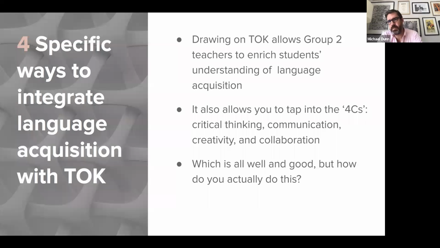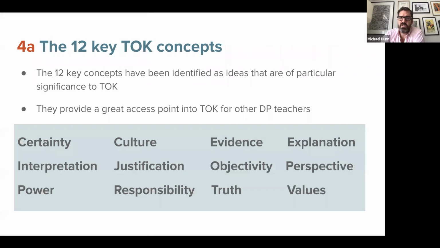But how do you do it? And that's the question. That sounds great, but how do you actually do it? So let me try and offer a few specific ways in which we can integrate these subjects with TOK. As I mentioned, this is the IB, this is not me.